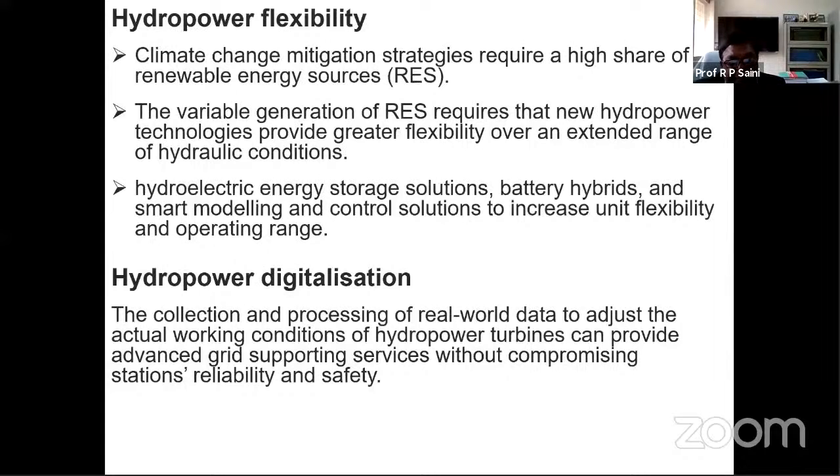Suppose my plant capacity is 100 kilowatt and the turbine is 100 kilowatt only. It may run at full capacity for 6 months, but for the remaining 6 months it can be 50 kilowatt, 75 kilowatt. So the turbine efficiency will be very low under part load. I think there's a scope to enhance this part load performance.